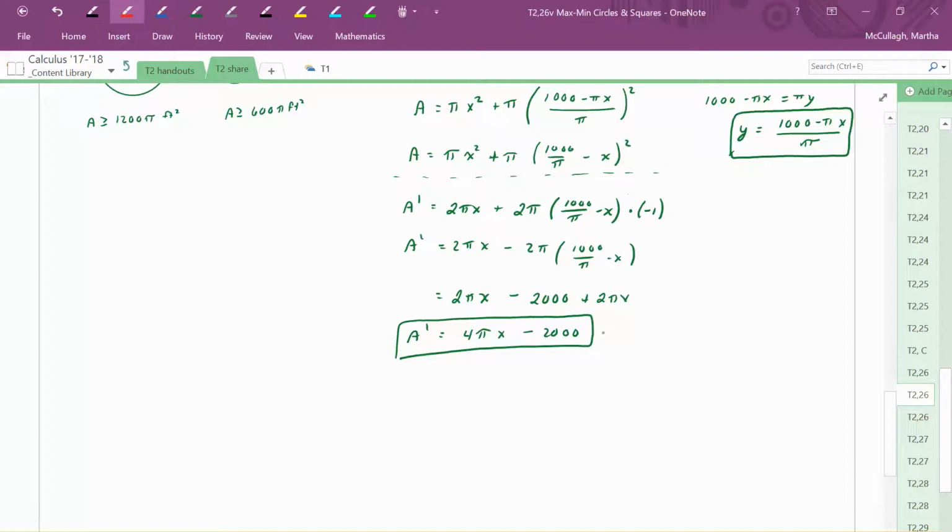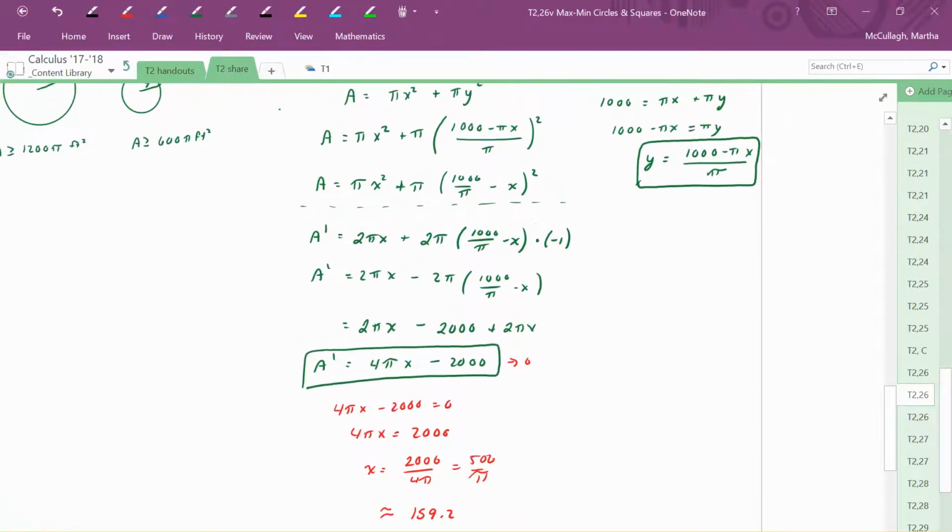So, as always, we're going to set this equal to 0. 4 pi x minus 2,000 equals 0. 4 pi x equals 2,000, and we have x equals 2,000 over 4 pi, or 500 over pi, which is approximately 159.2.